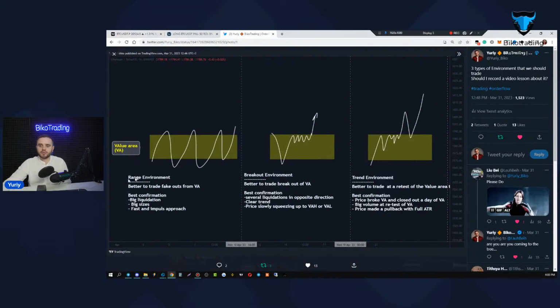First, we will have a range environment. Guys, do you know the difference between range environment, breakout environment, and trend environment? Tell me, did some of you at least see it anytime before?